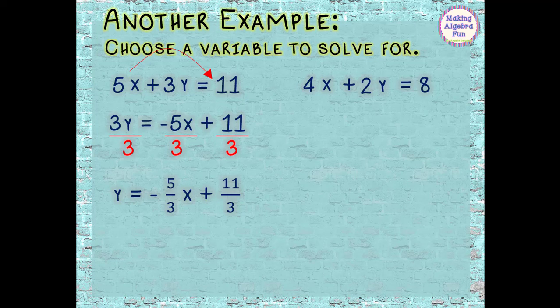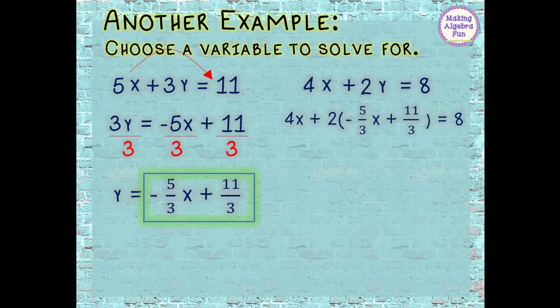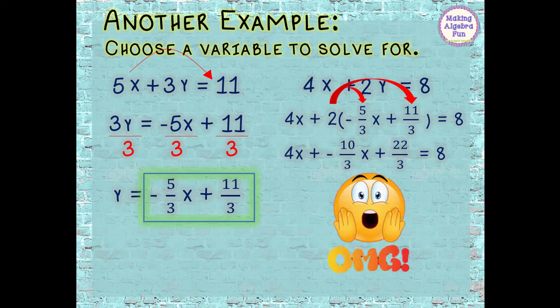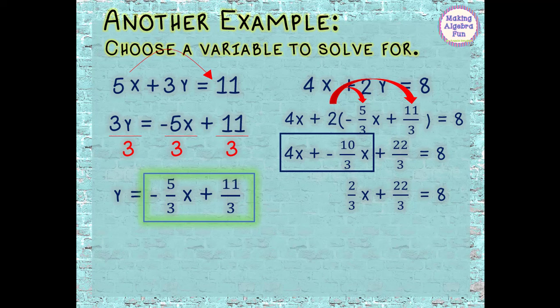So I solve this, and I get this expression to work with. Now it's not pretty, but I can still do it. I can substitute that expression in place of y. So the process is exactly the same. It's just I'm working with some fractions. I'll distribute, and you're probably just going to use your calculator to get those numbers I just got. You're going to combine like terms, and you're going to solve this two-step equation.